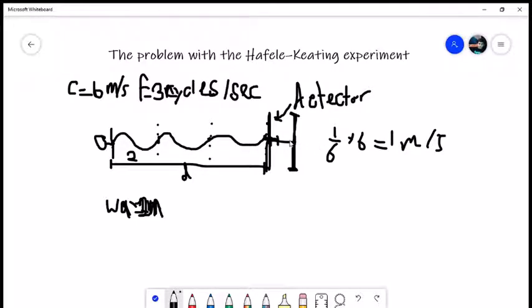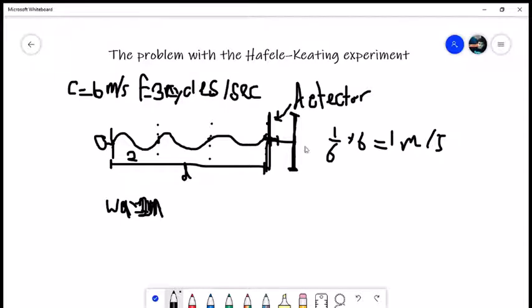To do that, we'll say that the frequency is 3 cycles per second, and we will imagine that the speed of light is 6 meters per second, and we'll see the difference, the formula when these are the numbers, and then we will generalize the formula for any numbers.